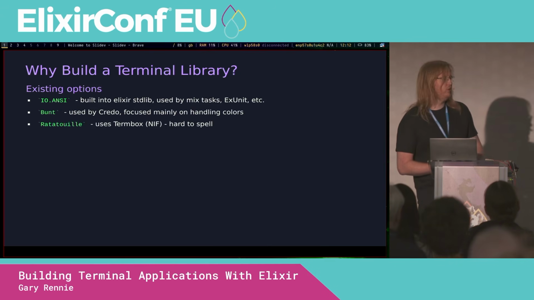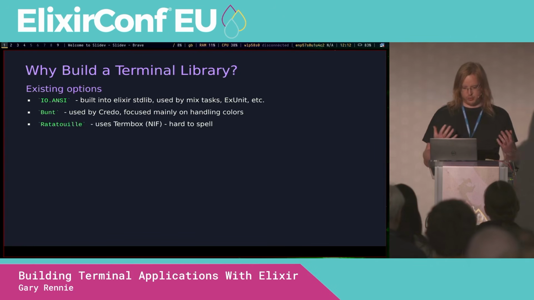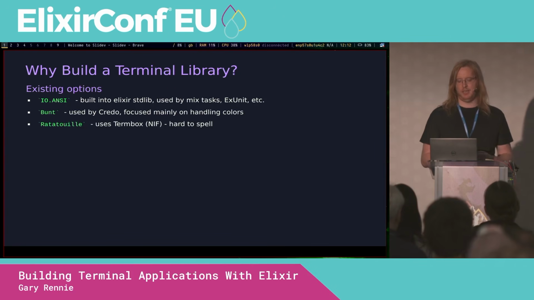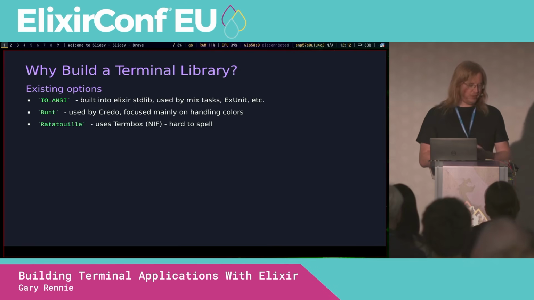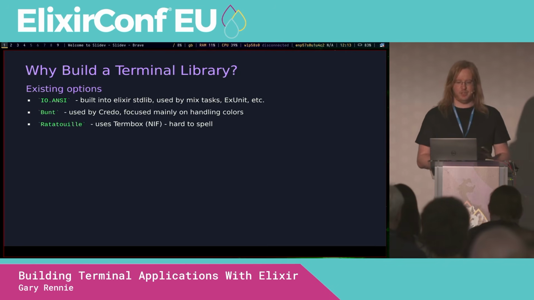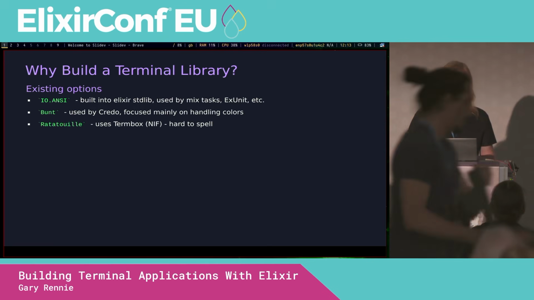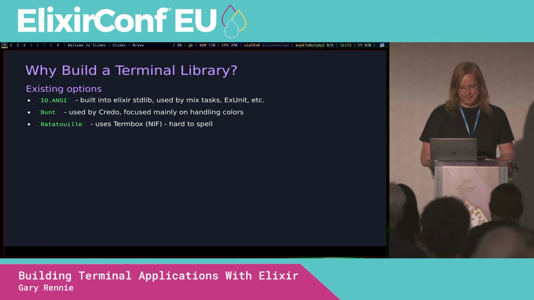And then there's Ratatouille, which is a more full stack tool for building terminal UIs. It's hard to spell, which is its main downside. But one of the issues I had with Ratatouille was not really to do with the library itself. It's the fact that it uses a NIF. And the NIF it uses is for Termbox, which is a C library that's no longer maintained, that has a build tool that only supports Python 2.